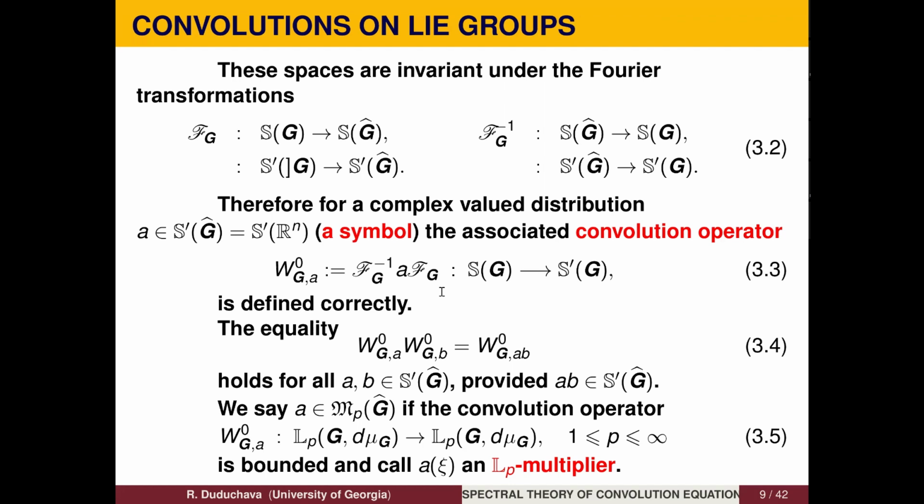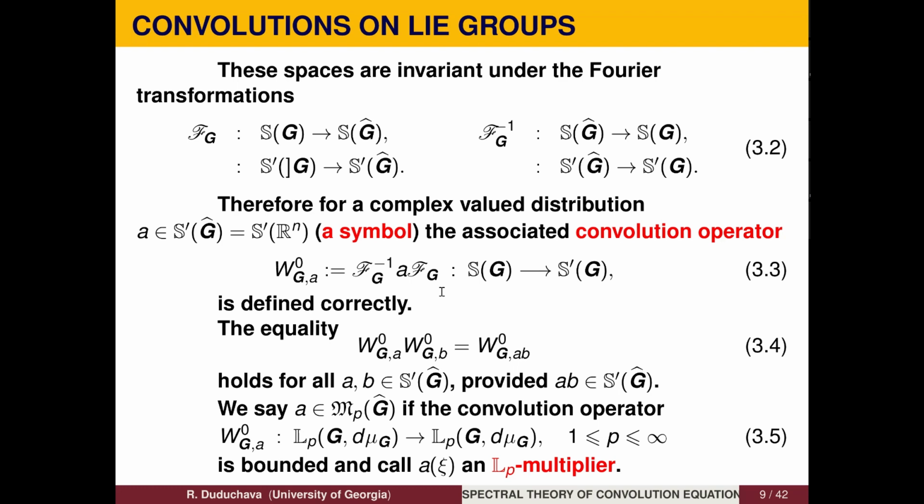And then take the inverse Fourier transform, which brings this distributional space on the dual group to the distributional space on the group. Thus, this operation, convolution, maps Schwarz space on the group to the distributional space on the group. The convolution operator is such.